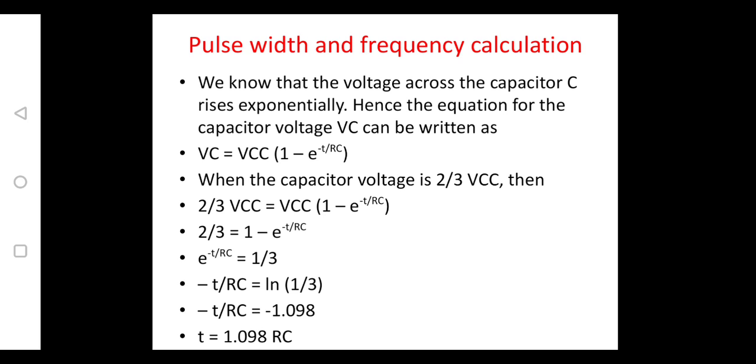That is, the width depends upon the R and C values of the circuit. This is how a 555 timer can be operated in astable as well as monostable modes.